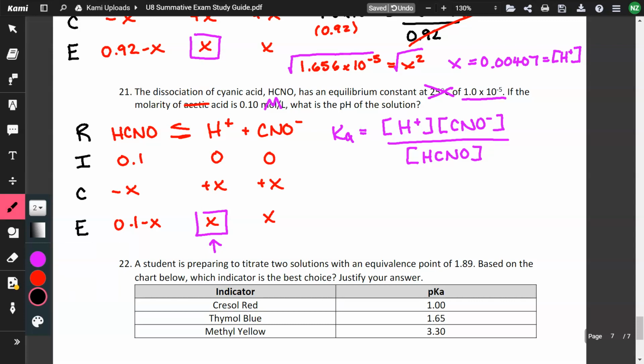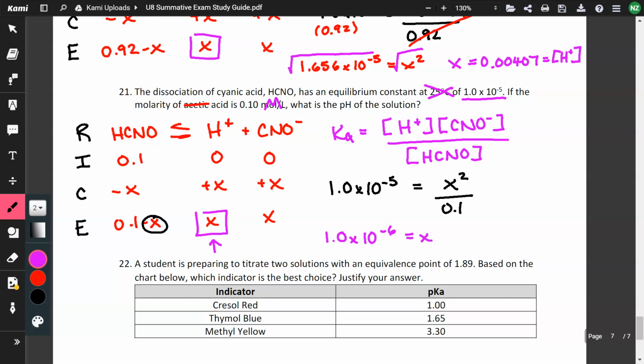So it gives us the Ka, which is 1.0 times 10 to the minus 5. x times x is x squared over 0.1 minus x. Okay, minus x, but we assume that's negligible. Multiply both sides by 0.1. And let's see, you would get 1.0 times 10 to the minus 6 equals x squared.